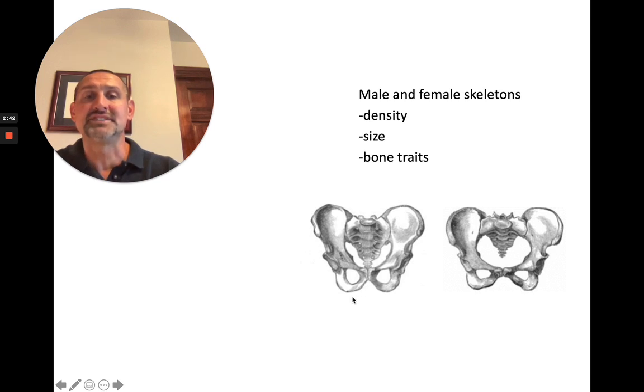The subpubic angle in a male is acute, whereas the subpubic angle in a female is much wider. This opening in the female is much wider than this opening in the male. So those are significant differences between male and female skeletons. So as a forensic scientist, you find a skeleton, you'll be able to determine if it's male or female.